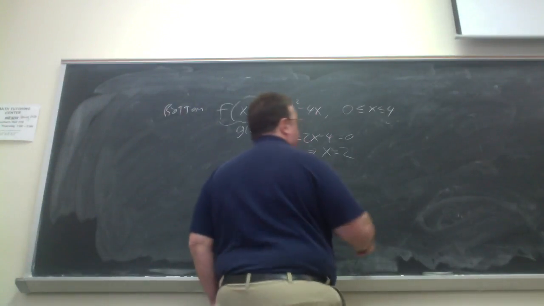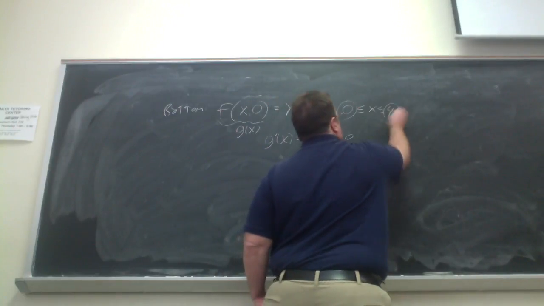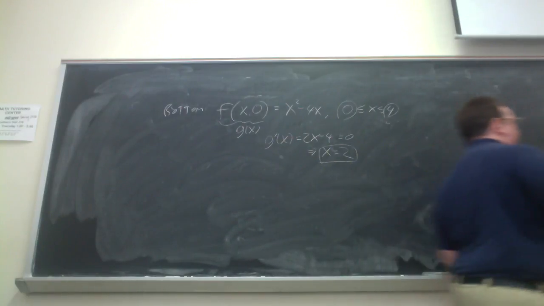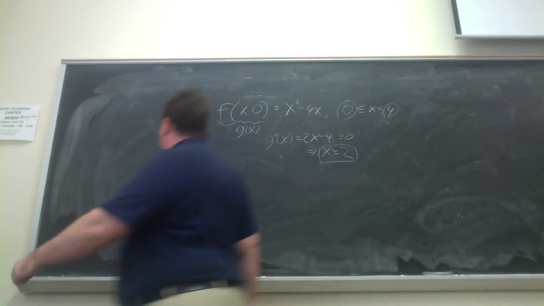So this is a candidate, and the endpoints are also candidates. If I add to my candidate list, I have (0, 0) from the left endpoint, (4, 0) from the right endpoint, and then (2, 0), the critical point. The absolute max or min could occur at any one of those points.